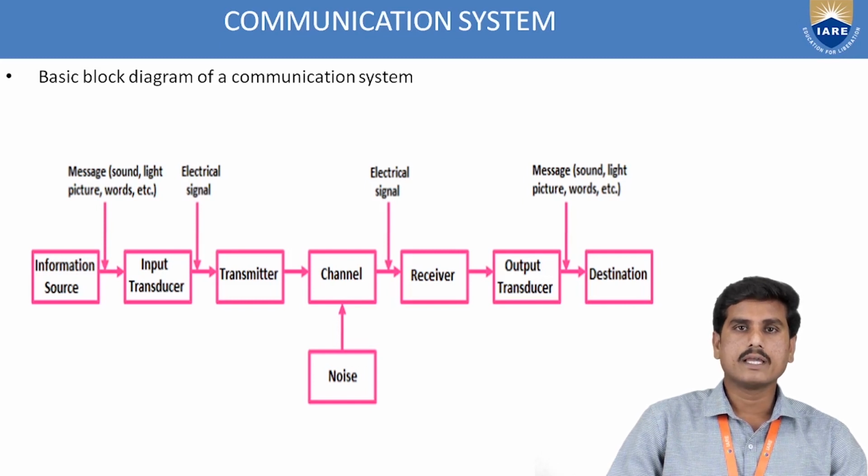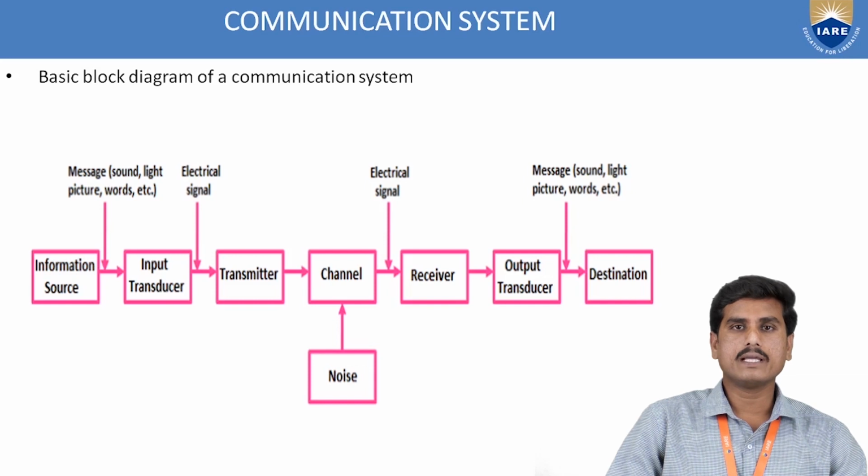So what is the information source? The information source is nothing but the data which we want to transmit. It is in the form of analog or digital. The analog signals may be voice, audio, video, symbols, special characters.